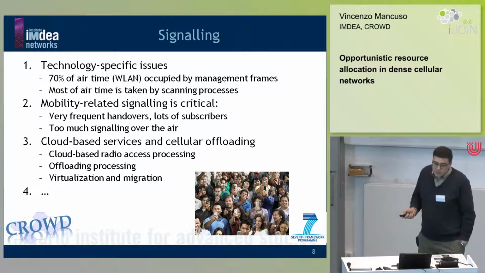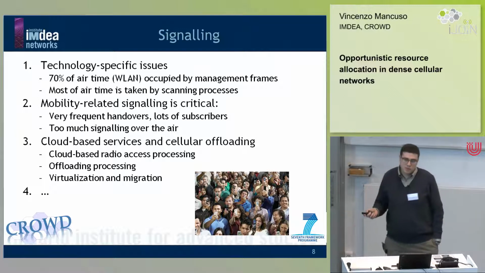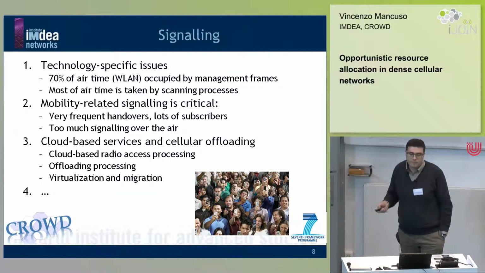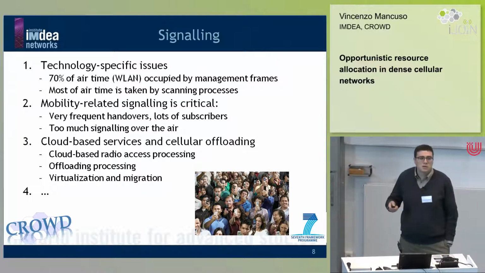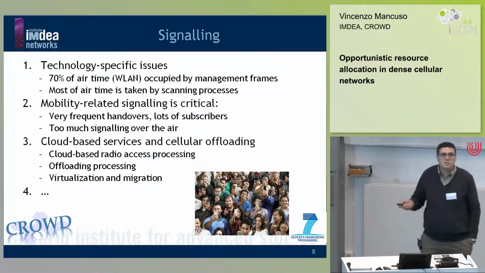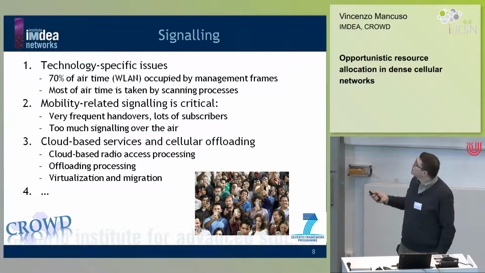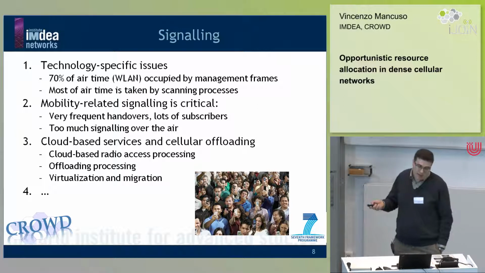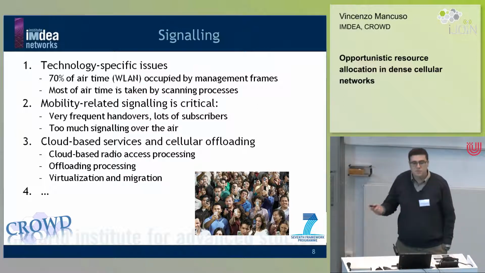From the point of view of signaling, we have a number of issues which are related to interference, but not only. For instance, management of the network takes a lot of messages. If you just use wireless, you are going to share the wireless capacity for management and for real transmissions. In Wi-Fi and in cellular networks in general, it's a bit different, so it's a technology-specific problem.